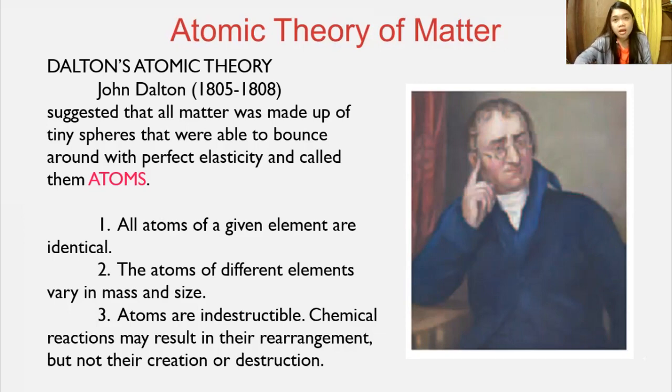This means that atoms cannot be subdivided, created, or destroyed. Atoms of different elements can combine in simple whole number ratios to form what we now call chemical compounds. These compounds are composed of atoms of more than one element.